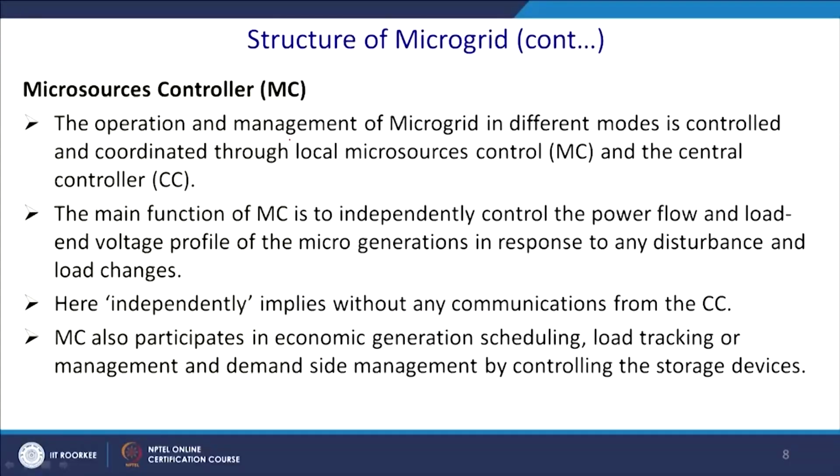So, for the microsource controller, operation and management of the microgrid in different modes is coordinated through the local microsource controller and the central controller. We may have a distributed controller and may have a centralized control. The main function of the microsource controller is independent control of power flow and load end profile of the micro generation in response to any disturbance and load change.